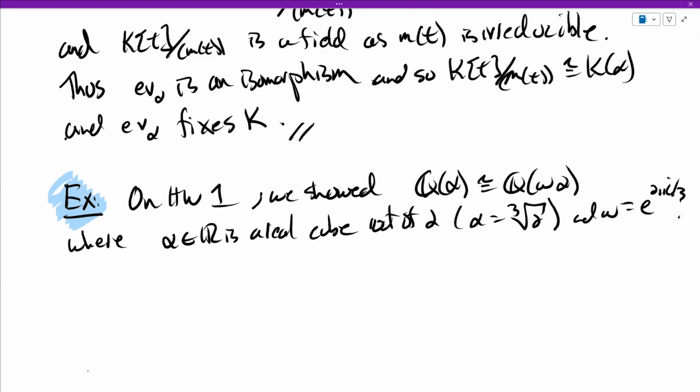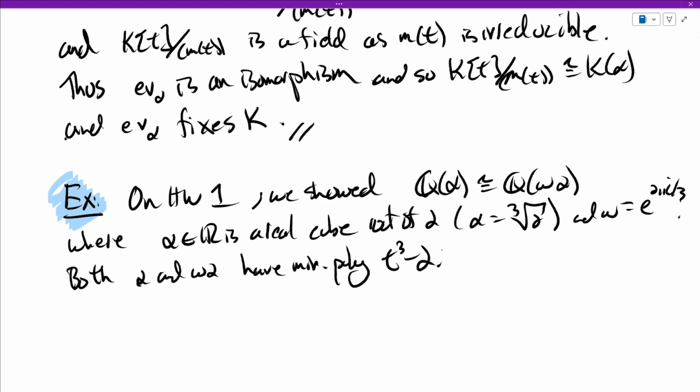Okay. All right, let's see something really cool here, which we'll formalize in a corollary in a second. Both alpha and omega alpha have minimal polynomial t cubed minus 2. Why? Well, they're both zeros of t cubed minus 2. And t cubed minus 2 is monic and irreducible.